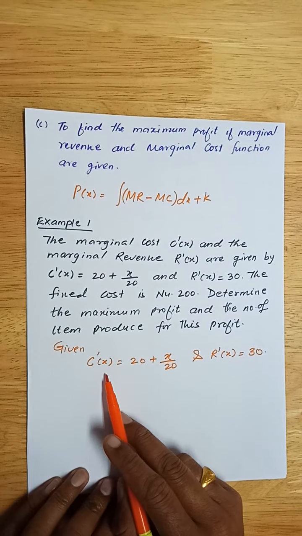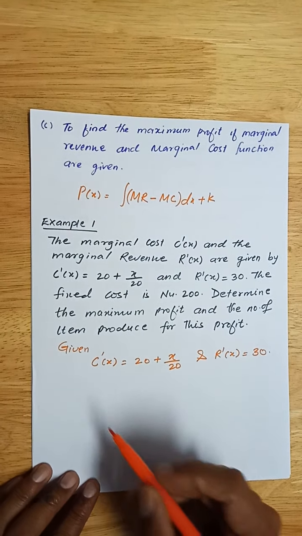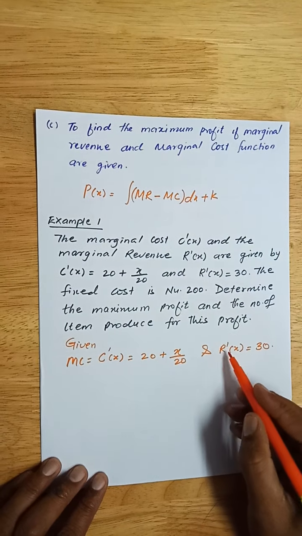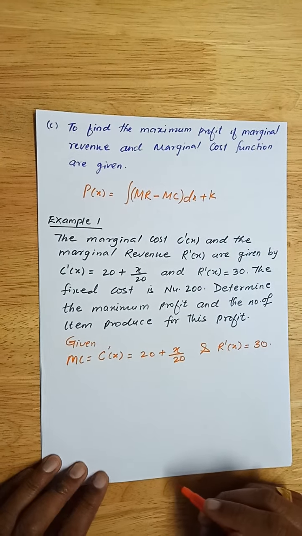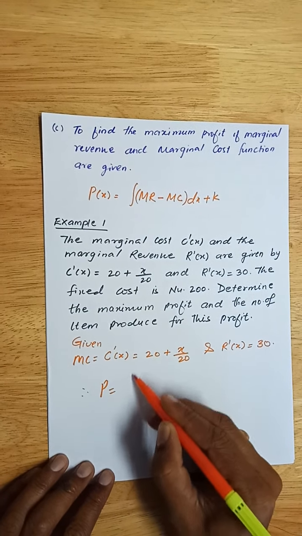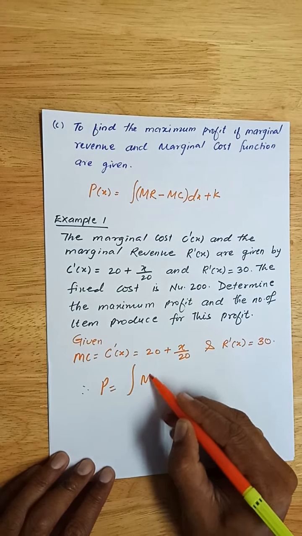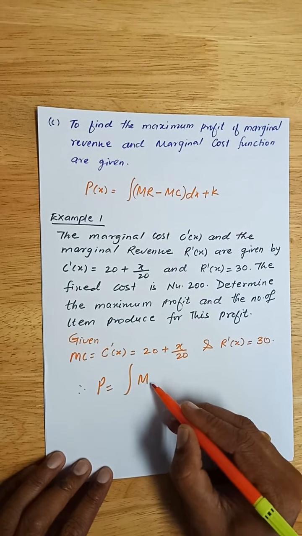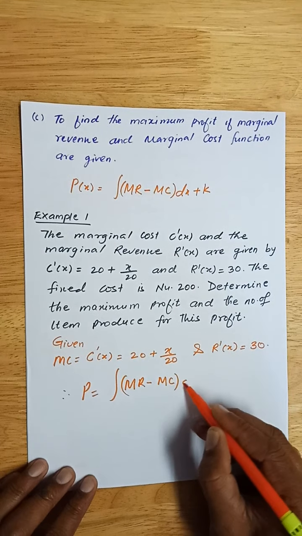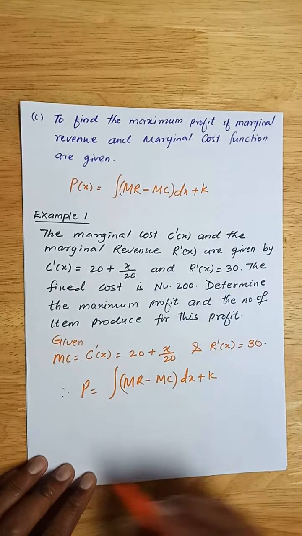So you are given C dash, which means MC is given here. So you can write MC is equal to this value, and MR is given for you. So now to find profit, your P is equal to integration of MR minus MC dx plus K. Now you substitute.